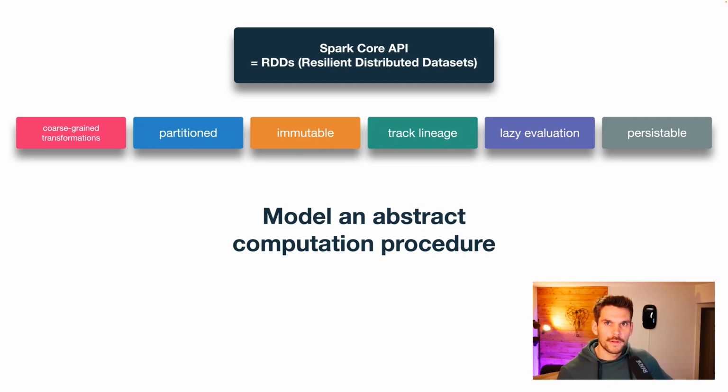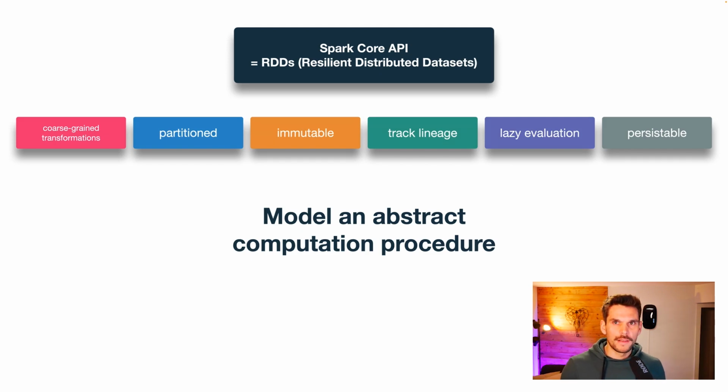And by having multiple transformations applied to our input data, we also get a whole line of transformations. So we are always able to reconstruct our result from the input data simply by applying or reapplying the transformations again on the input data.